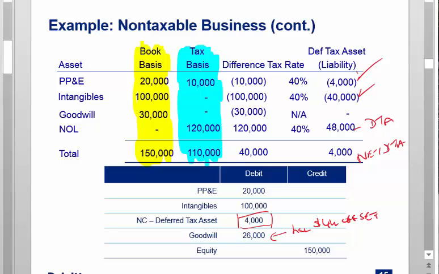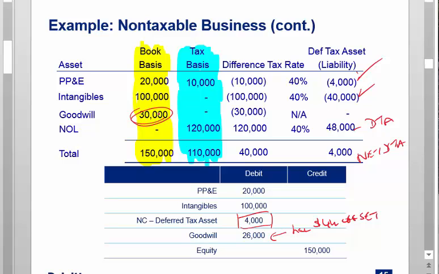Because I would tell the accounting guys, hey, you might have thought that when you paid $150,000, you had 30 of goodwill, right? Because that's what they thought before you told them about deferred taxes. But then you're going to say, hey, you actually don't have as much goodwill as you thought because I found you an asset, right? So that must mean you didn't have a premium of $30,000. You had a premium of something less than that once you factor in the tax assets.